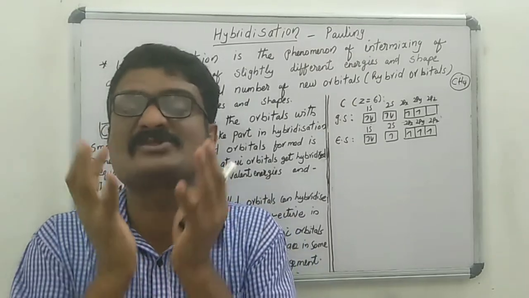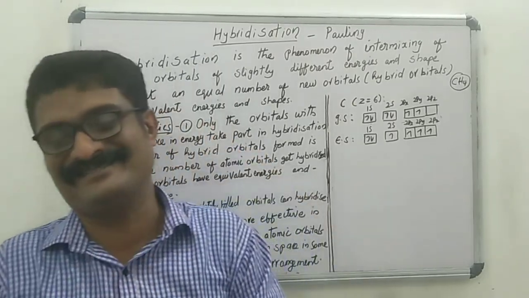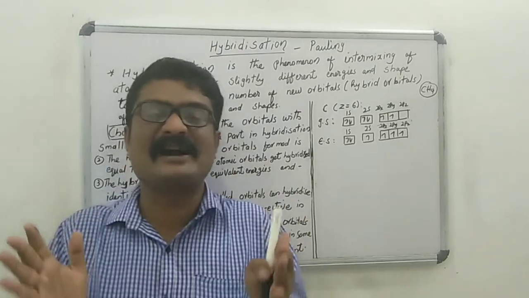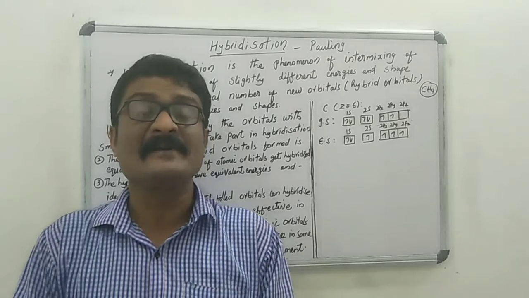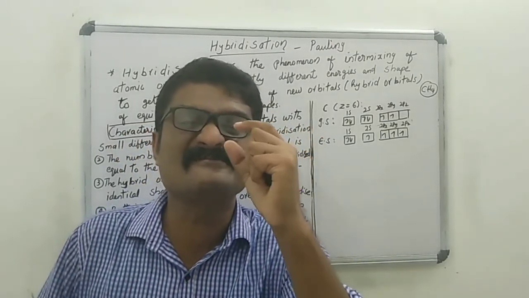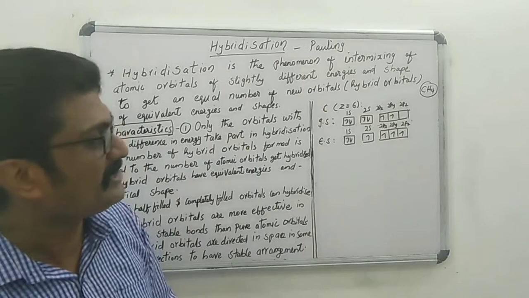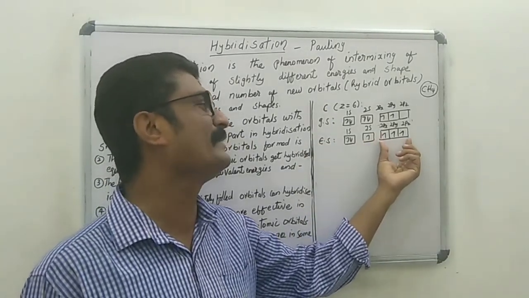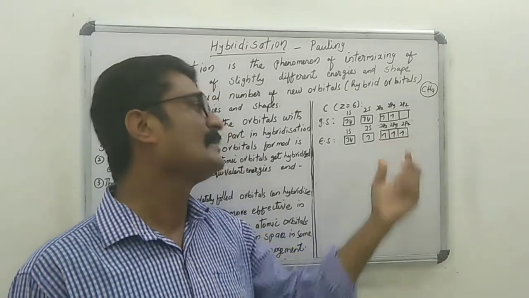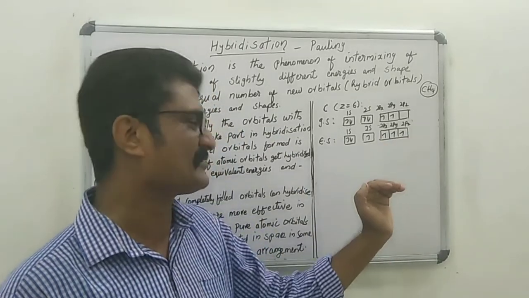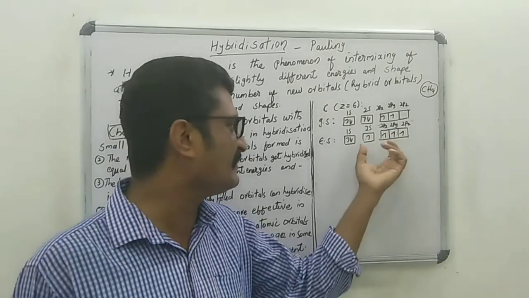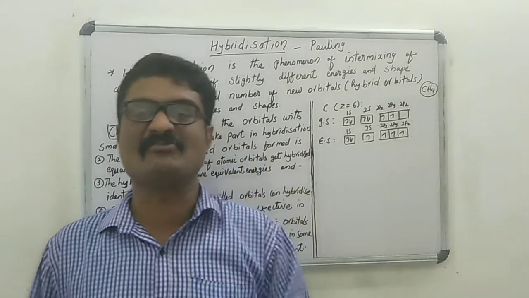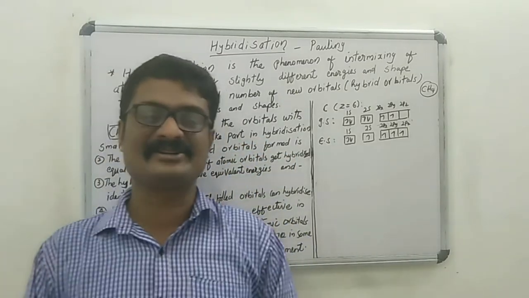Only the electron clouds of the carbon atom get hybridized. And the second condition: the orbitals that participate in hybridization should have only a very small energy difference. Here in the case of carbon, the 2s orbital and the 2p orbitals are involved in hybridization, and the energy difference between these orbitals is very, very small. That is the second condition.